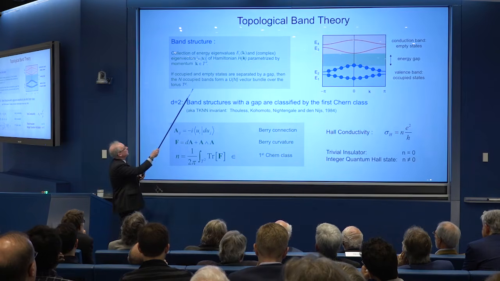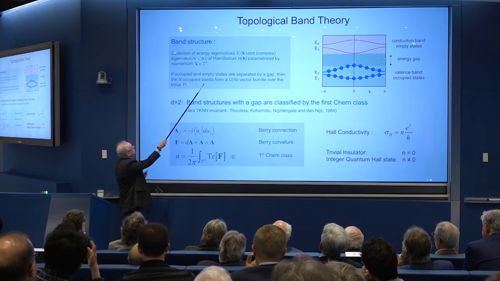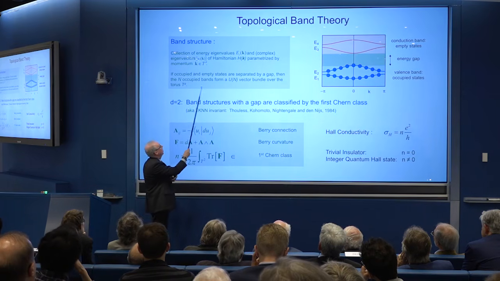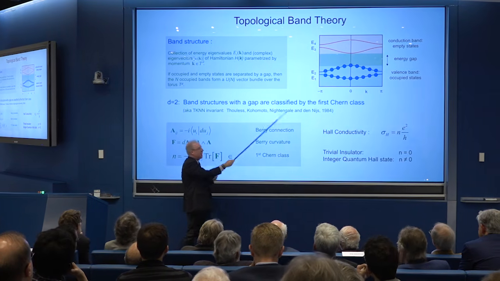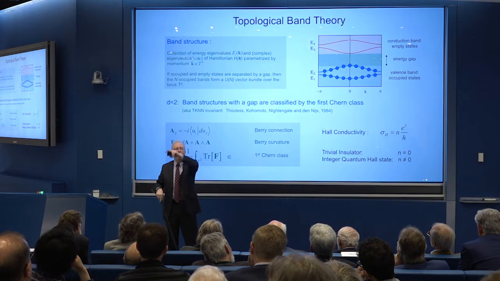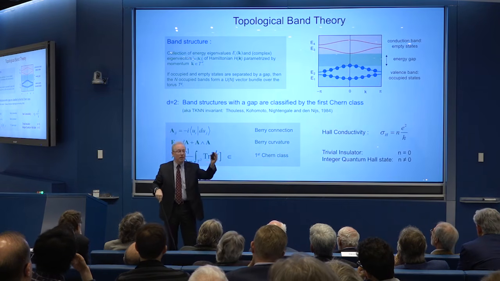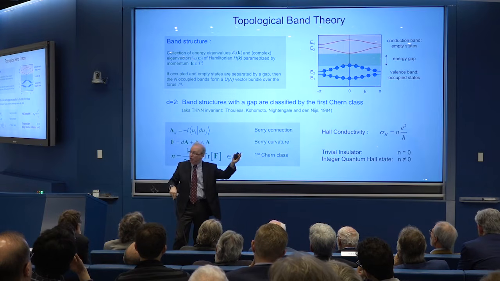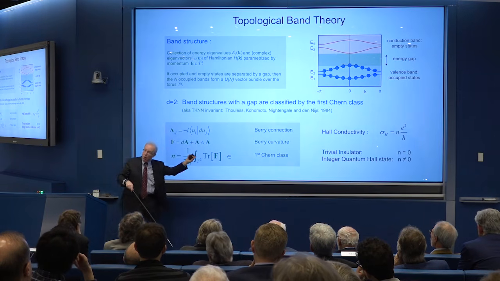Okay, and so this defines a set of eigenvalues and eigenvectors, which are parameterized as a function of momentum, and momentum basically lives on a torus. Okay, so in 2 dimensions, it's the surface of a donut. In 3 dimensions, it's a 3-torus.